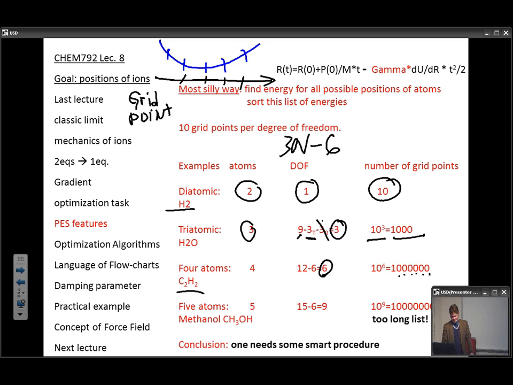But as soon as we add 5 atoms, maybe methanol, we have 9, so a billion points, the space of billion grid points. And as soon as we add 1 more atom, the space in which we perform the search expands substantially. So finding the whole potential energy surface in numerical form and browsing it through available data is too expensive.